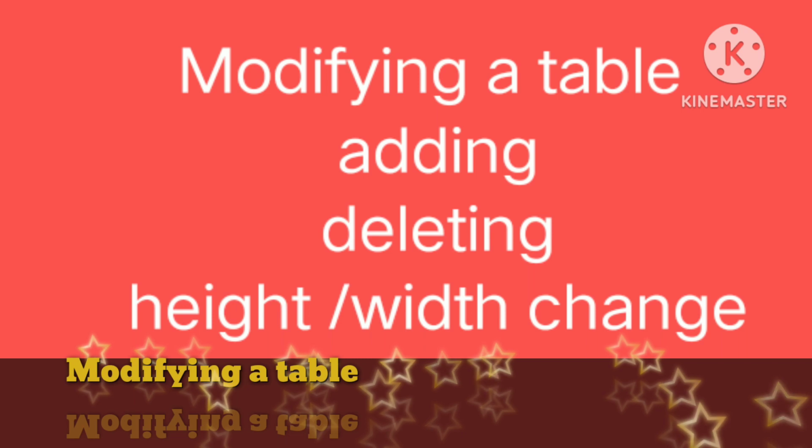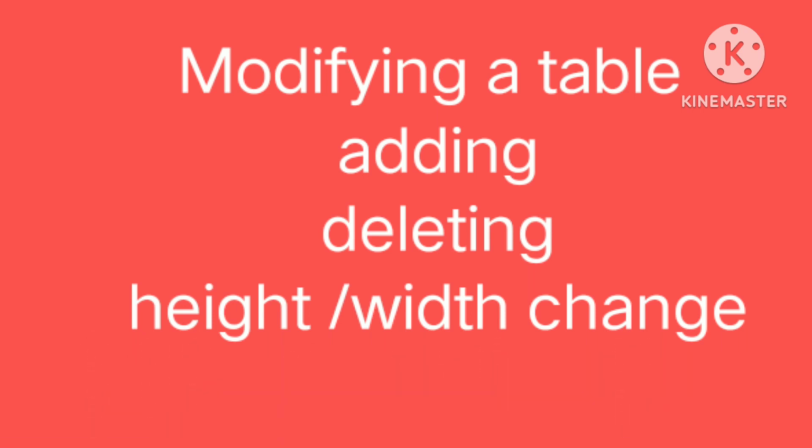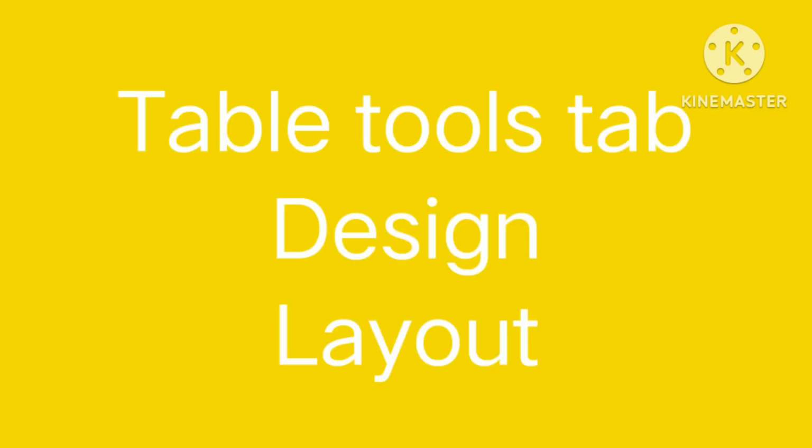Next we are going to see how to modify a table. Modify means adding and deleting some rows and columns in our table. Then we can also increase the width and height of the table. This is also called modifying a table. After we insert a table, one new tab will appear in our ribbon, that is Table Tools.